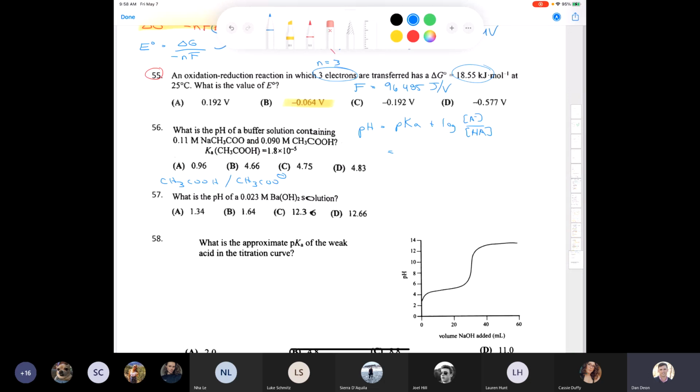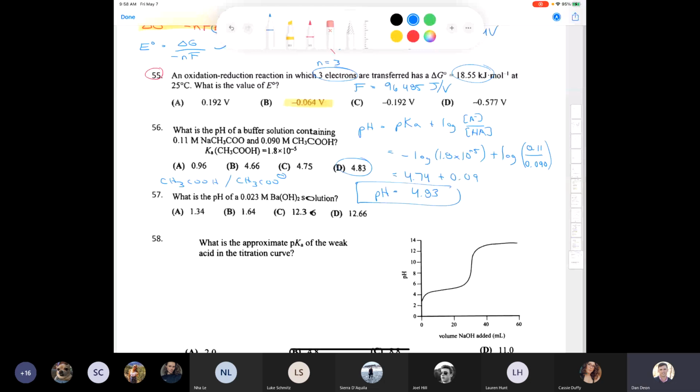We're given the Ka, so we have the negative log of 1.8 times 10 to the negative 5 plus the log of the concentration of the conjugate base, which is 0.11 molar divided by 0.090 molar. I'm going to leave molar out because it would cancel anyway. And we get 4.74 plus 0.09. And we get that the pH of our buffer solution is 4.83.